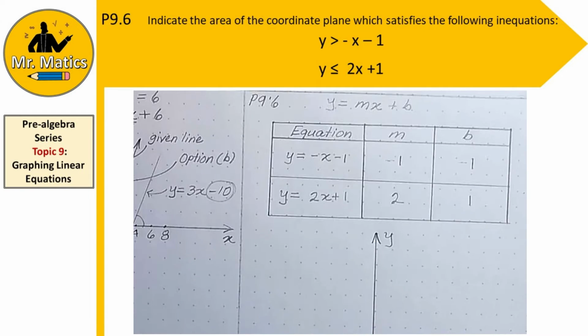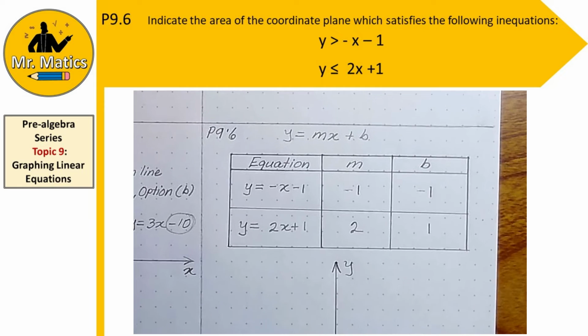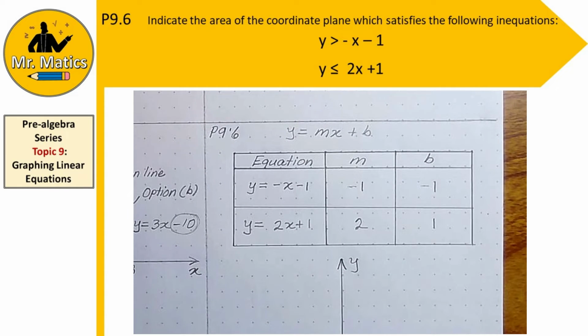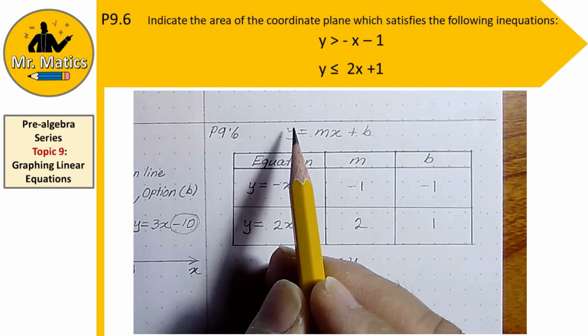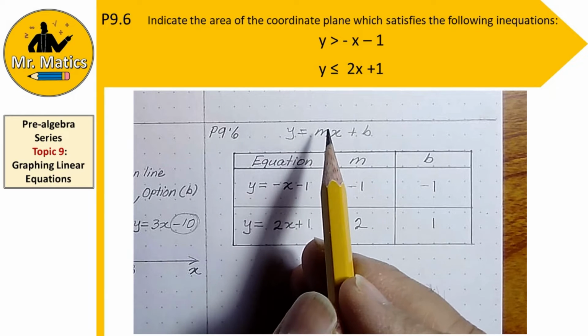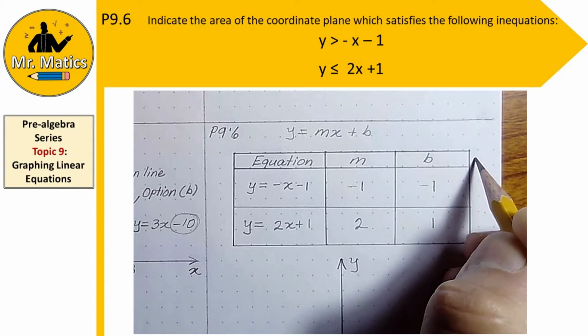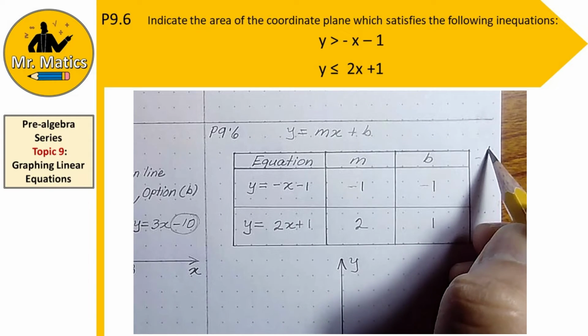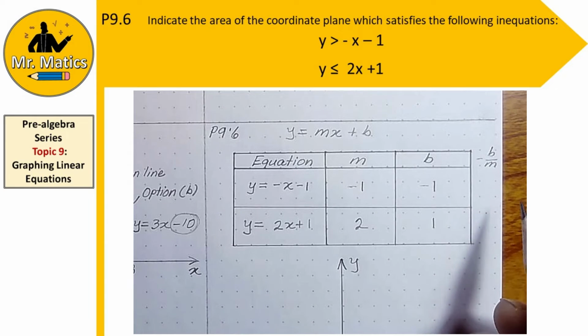Okay, and we also know that we can calculate the x-intercept. The x-intercept is when y is 0. When y is 0, x is minus b over m. So we'll just add one more term here, minus b over m, and let's see what that value is.